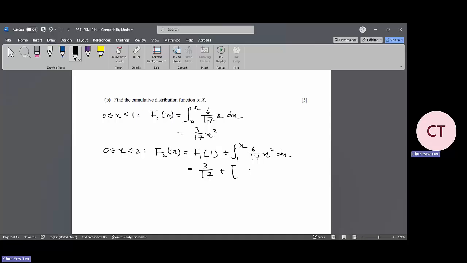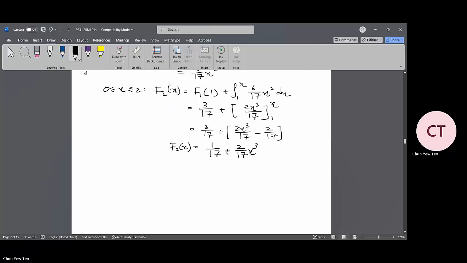Then this one, you will get 2x cubed over 17 from 1 until x. And if you replace this inside, you will get 3 over 17 plus 2x cubed over 17 minus 2 over 17. So you will get 1 over 17 plus 2 over 17 x cubed. That is your F2.